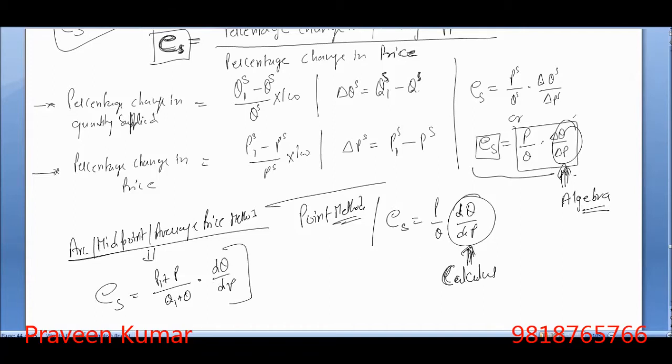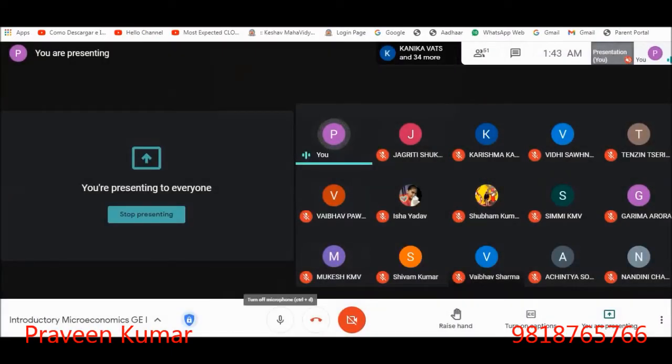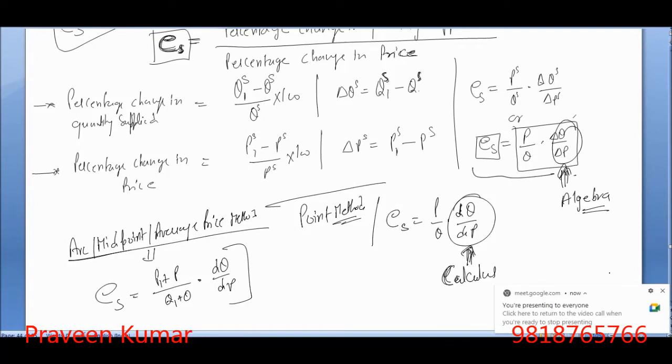So we can calculate elasticity of supply in this fashion with these formulas.